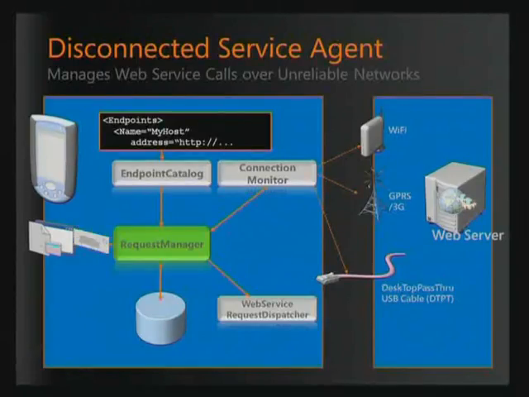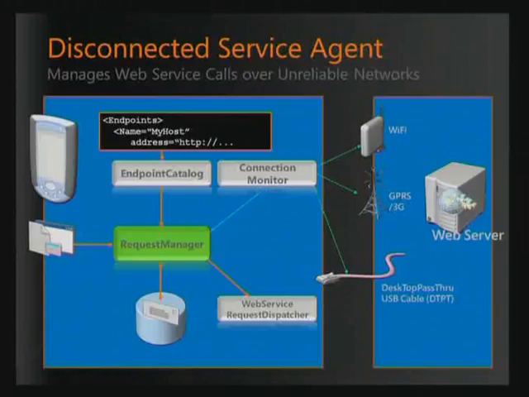So you have a message, you send it to your request manager, and before doing anything, it will store it in a request queue in a SQL CE database. It will configure all the database for you as well, so it's very easy to set up. So it stores it in the database as a queue, and then it will send that message. It will be looking at the connection monitor.